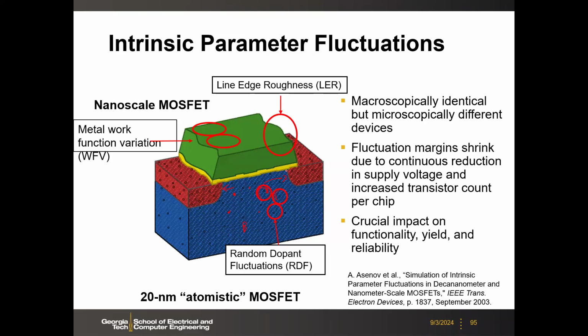Then the exact location will matter. And we'll also talk about the work function variation. So there are many non-ideal effects that will impact the VTH and also the on current, off current, all the parameters of the transistor.